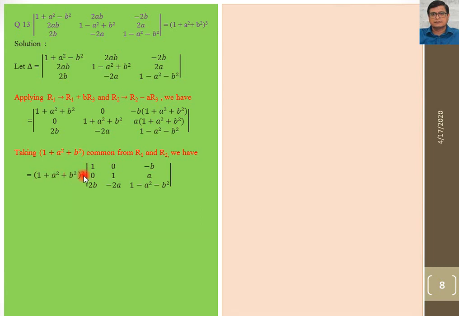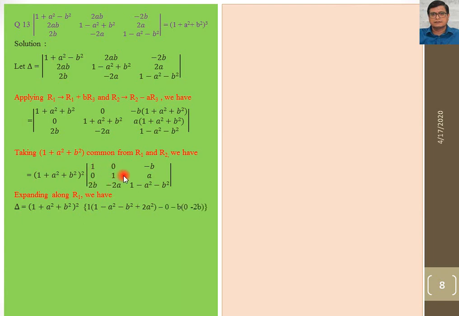This is an important point. Then after this we can do the expansion along R1, because we are not getting any such condition by which we can make it 0 here, or simplify this value. So we can do the expansion along R1. Since these two elements are not 0 here, we take all the steps one by one.